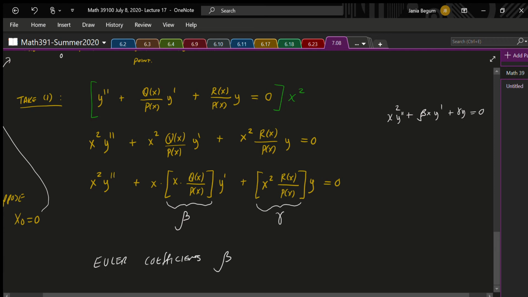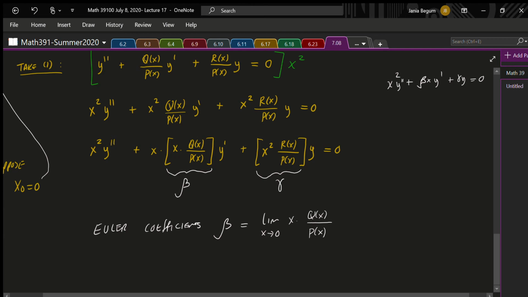So beta is defined as the limit as x approaches 0, so we're plugging in x naught to be 0, of x times q of x over p of x, and you want this to be finite. And then we have gamma, which is again a limit as x approaches 0 of x squared times r of x over p of x.